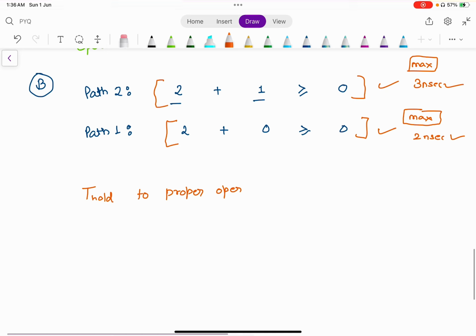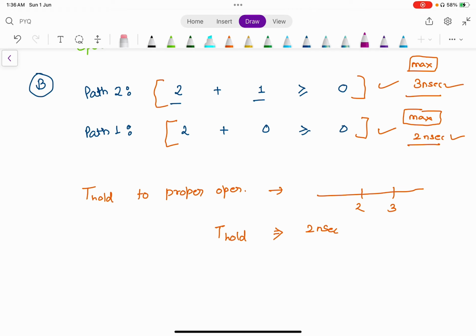So maximum 3 nanosecond, maximum 2 nanosecond. If we take the intersection of these two, we will say that T hold time should be max up to 2 nanosecond, because one can go up to 2, the other can go up to 3, so we take the intersection, 2 nanosecond. Thank you.